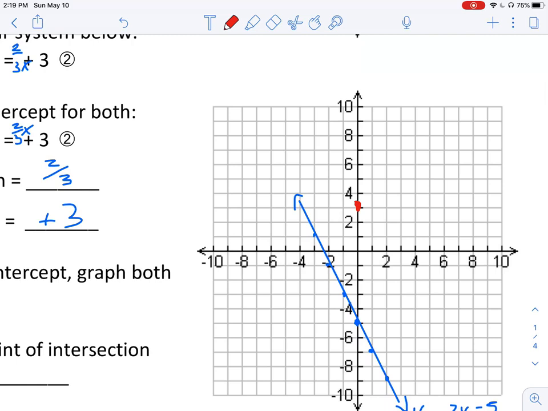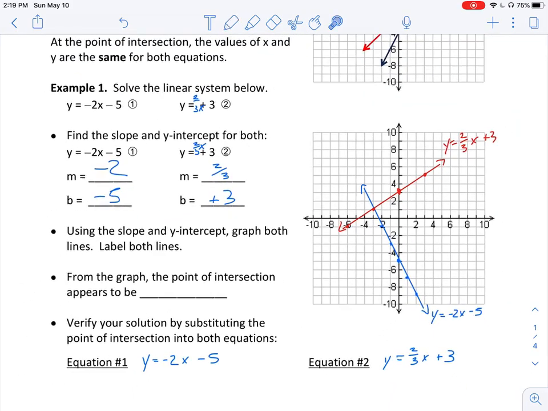So I go up 2 units, over 3 units. I'm looking at a point right about there. Again, I'm going to draw that line, down 2 over 3, and 2 over 3. It's going to look something like that. So this is y equals 2 over 3x plus 3. Okay, so I've graphed both lines.